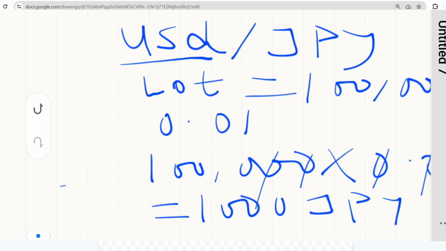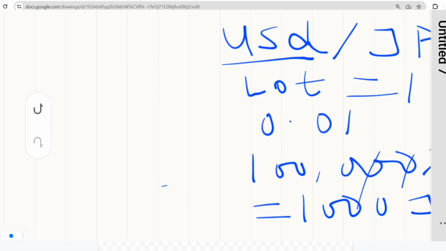Now we still have to convert this into USD. Converting this into USD is done using the current exchange rate of USD JPY. Let's say the current exchange rate is 130.20. Now we are going to have to multiply this 1,000 by that to get the value in US dollars.